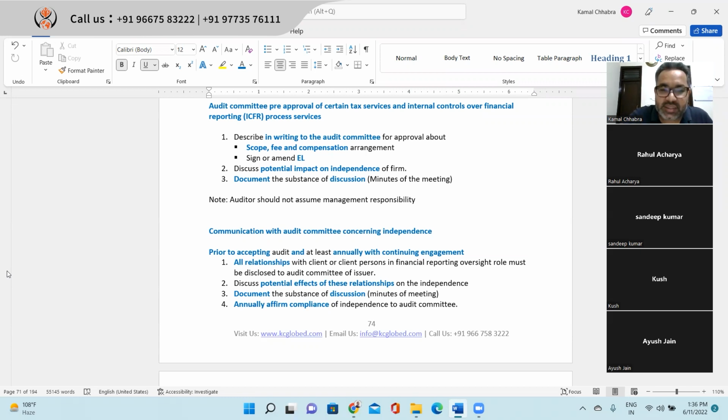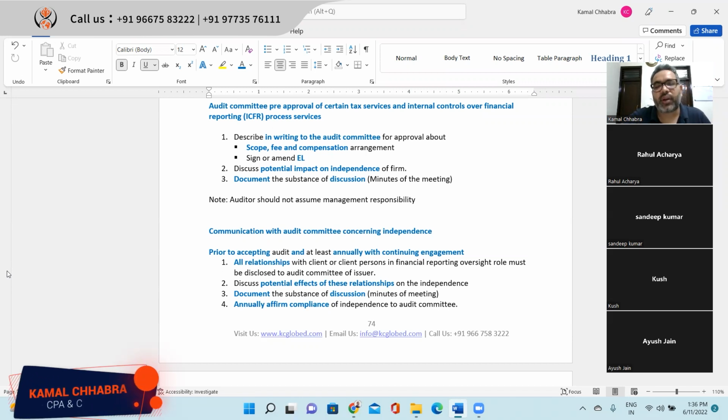And then you will be discussing the potential impact on your independence and how you are confident that this is an exception to the general rule of independence, and you need to demonstrate to the audit committee that you are in compliance with the independence rules of AICPA and PCAOB.